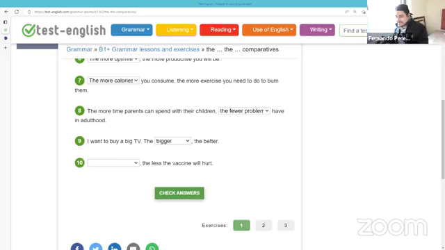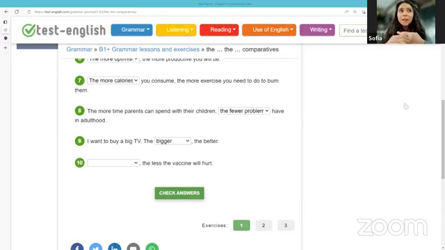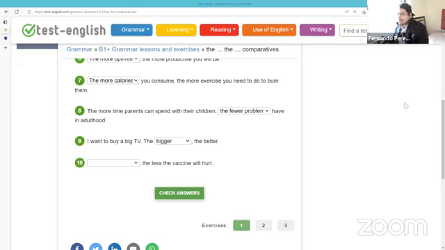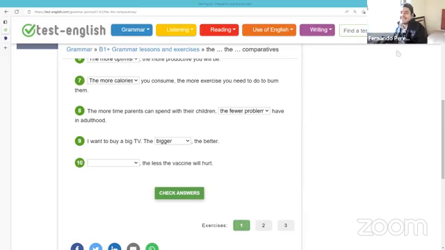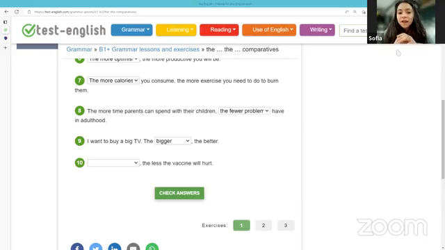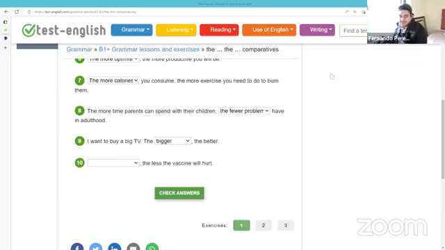That's very technical. Structure problems. Are... will be. But why will? Are you promising? No. Your intention is existence. Exactly. There are. Exactly. The more antibodies there are, the less the vaccine will hurt. Precisely. Very good. Excellent option.